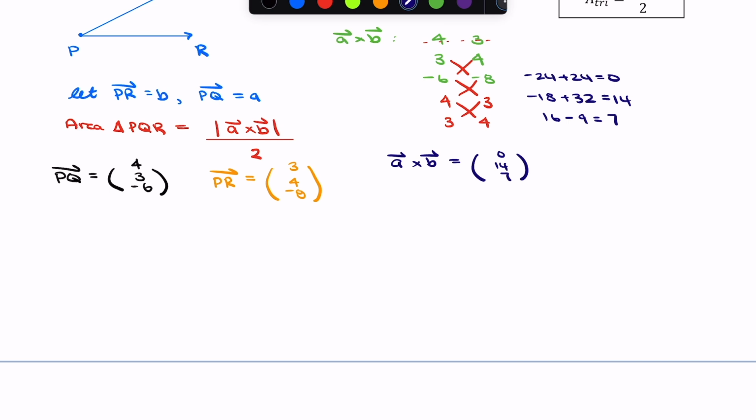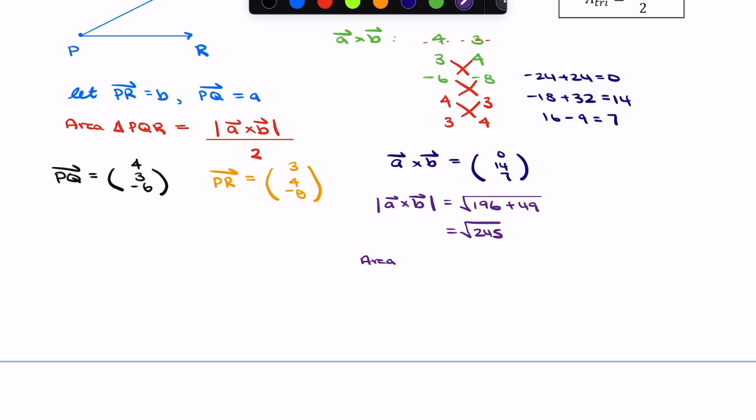Now we can find the magnitude of the cross product of vector A and B, which is equal to the square root of x squared plus y squared plus z squared. Here, x squared is 0, y squared is 14 squared, which is 196, and z squared is 7 squared, which is 49. So that's equal to the square root of 245.